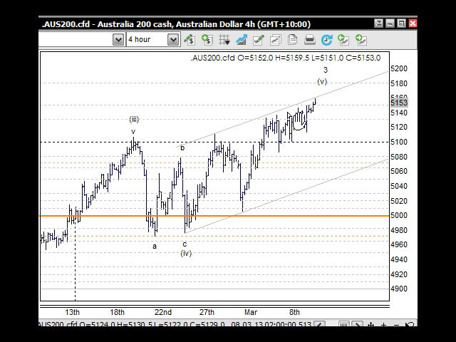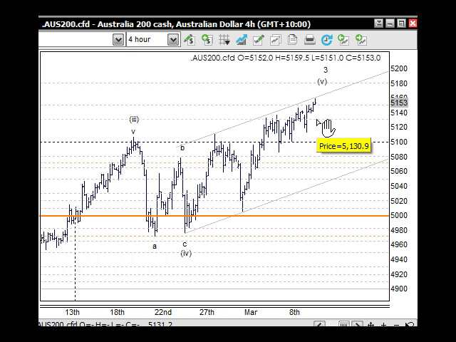We're getting these overlapping wave structures here, so it is in its own little way a sign of weakness. And I guess that with the S&P 500 having another little push up and then having a correction as a wave 4, we need to view this as doing the same as well here. So just be mindful of that.